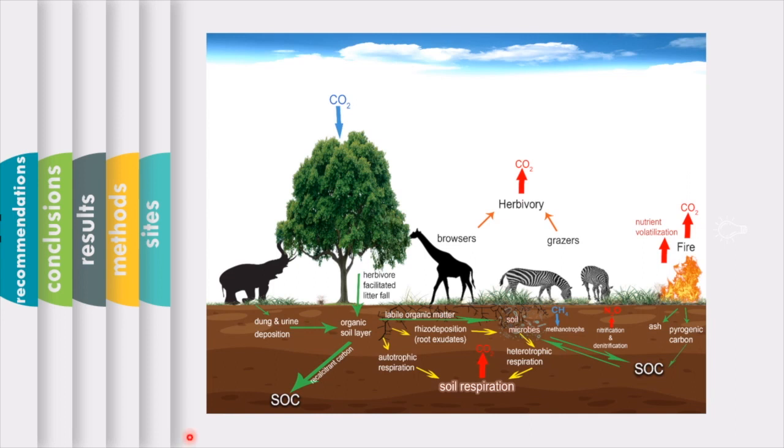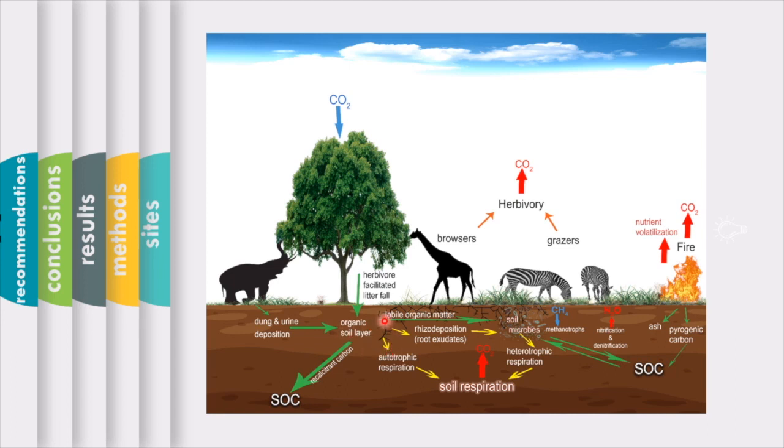Here is a conceptual diagram illustrating our hypothesis in terms of the effects of fire and of herbivory. For example, we hypothesize that herbivores either grazing or browsing on these low nutrient soils would result in low nutrient litter being taken to the soil and then converted to organic matter, but this organic matter is low in nutrients.